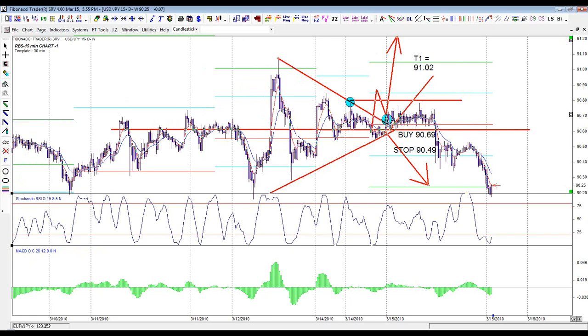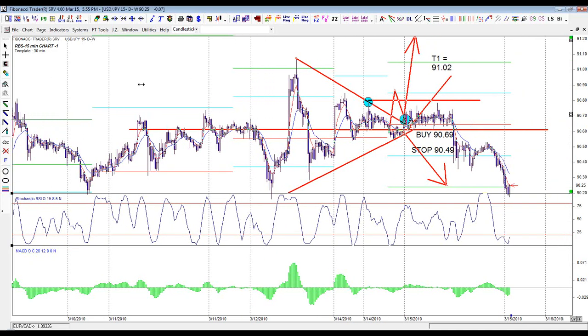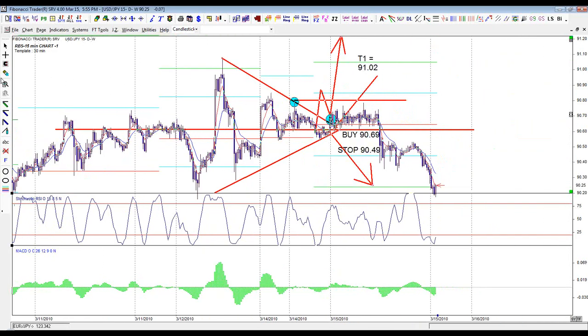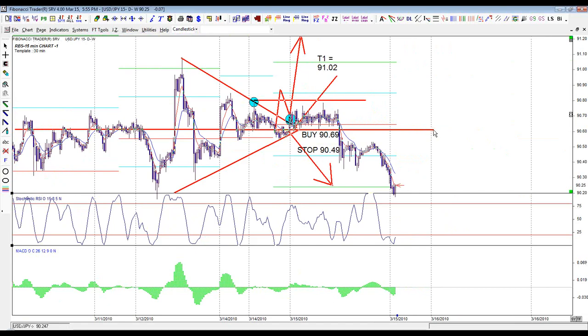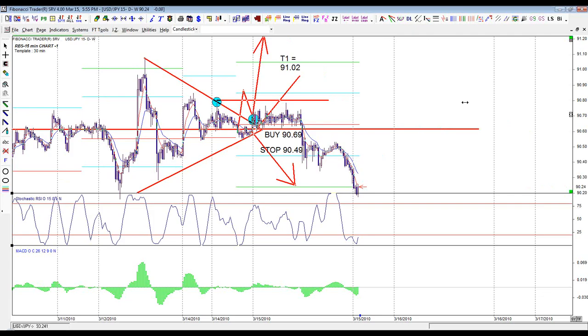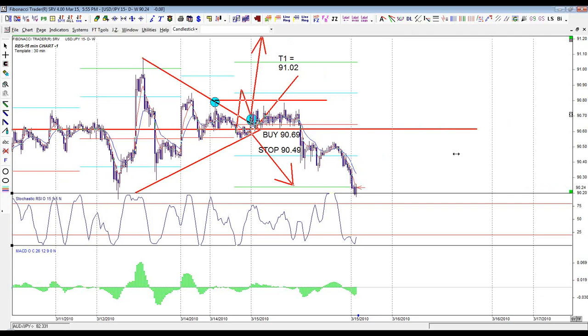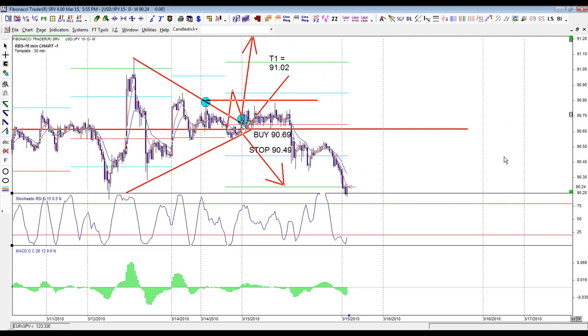Most of the time it's support coming from previous days, and also this line will act as resistance or support area once the market moves away from the pennant.